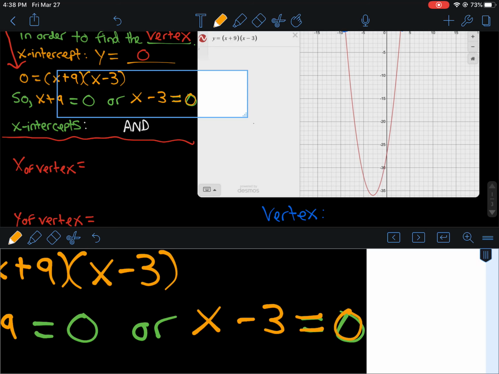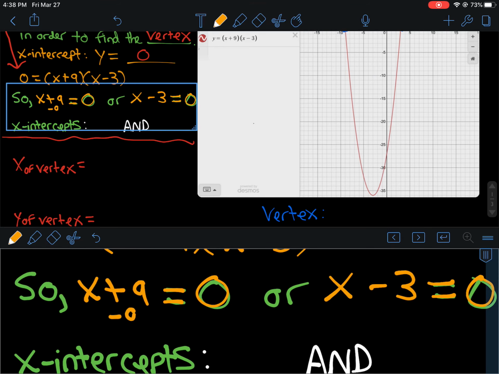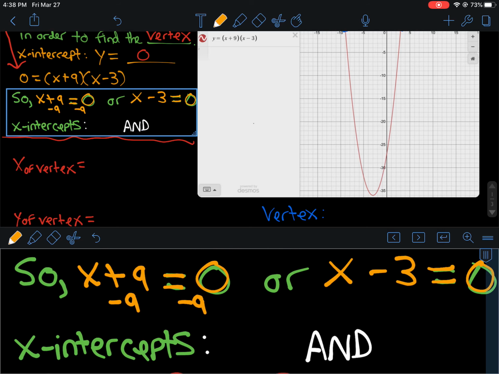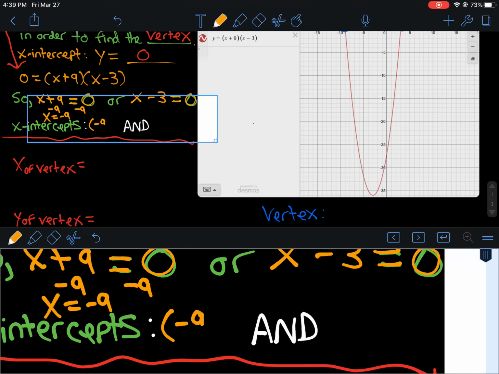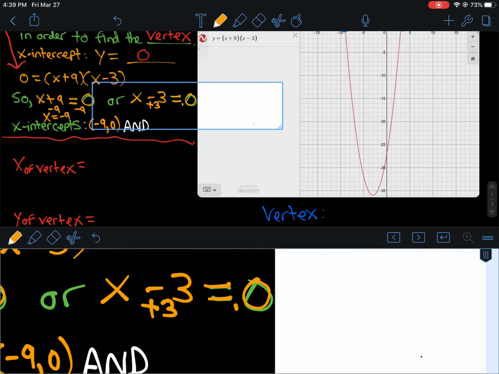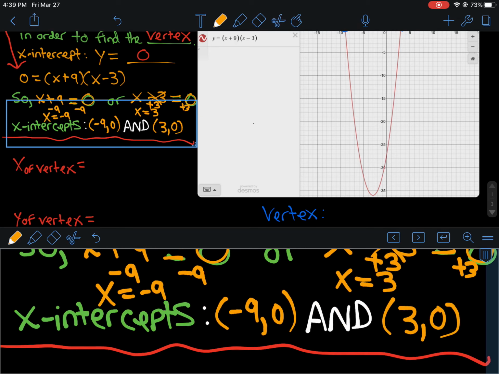They become two equations that you can solve really easily for x. You subtract 9, so x equals negative 9. So one of my x-intercepts is negative 9 comma 0 as an ordered pair. Then you add 3 here, and you get your other x-intercept, x equals 3. So my other x-intercept is 3 comma 0.